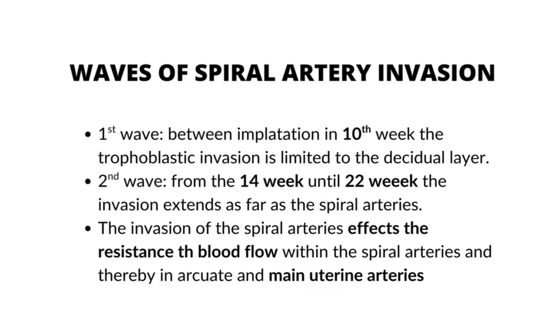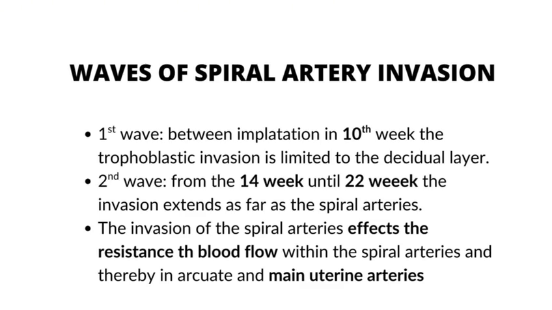In the second wave, from the 14th week until 22 weeks, the invasion extends as far as the spiral arteries. The invasion of spiral arteries affects the resistance of blood flow within the spiral arteries and thereby the arcuates and the main uterine arteries.